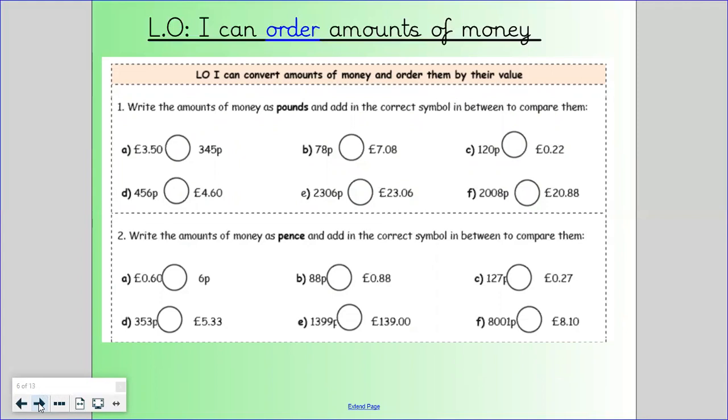Okay, and in order to do it, you will need to be doing some converting between pounds and pennies. Okay, so you could start that sheet now, start with the top section if you want to, otherwise stick with me because the second part of the sheet and the second section of teaching is to do with converting between pounds and pennies. If you're not quite sure yet, keep watching, or if you feel confident, do that first section.